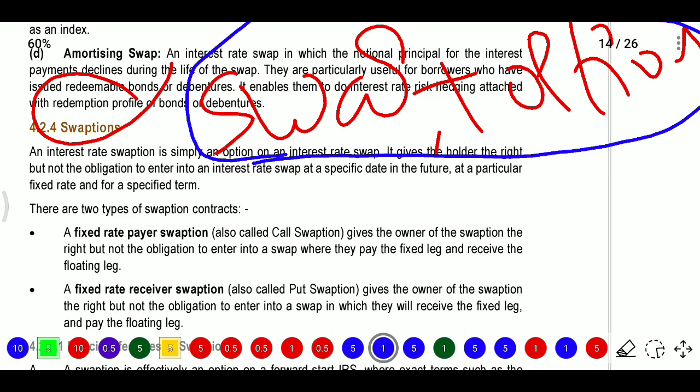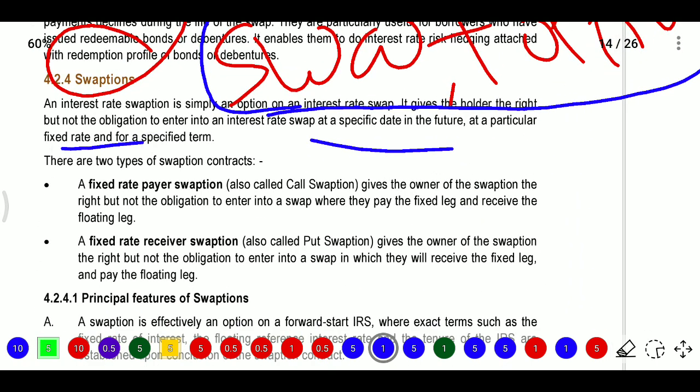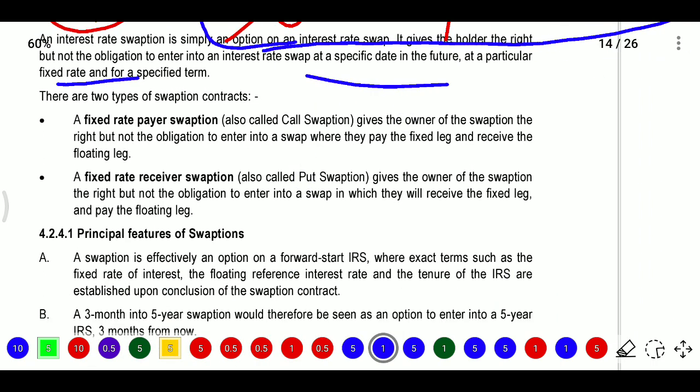It gives the holder the right but not the obligation to enter into an interest rate swap at a specified rate in future, at a particular fixed rate or fixed terms. Here we need to consider two types of swaptions. One is the fixed rate payer swaption, which is called a call swaption. It gives the owner of the swaption the right but not the obligation to enter into a swap where they pay the fixed leg and receive floating.